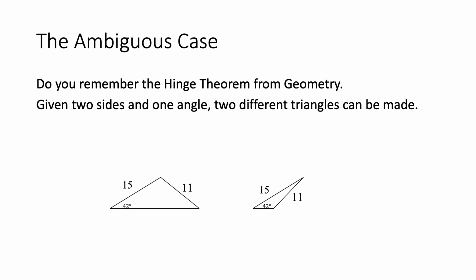Here's a simple example of that hinge theorem, where you can have your angle of 42, sides of 15 and 11, and create two different triangles which clearly look different. So when you're dealing with the law of sines, you have to take this into account.